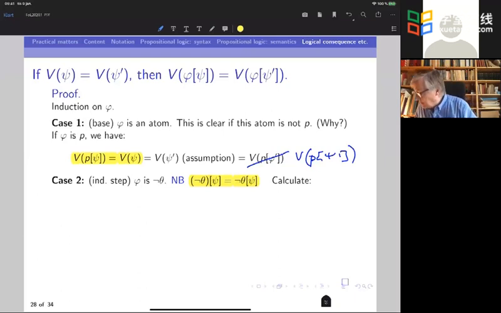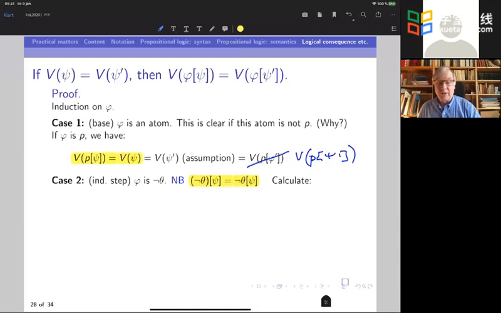So on the left-hand side here, we have the whole negated formula, and we have replaced occurrences of P in it by psi. On the right-hand side, we have replaced occurrences of P by psi in theta, and then we have put a negation in front.